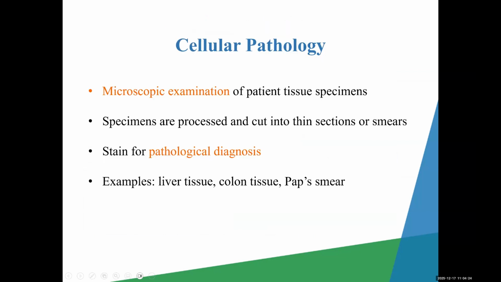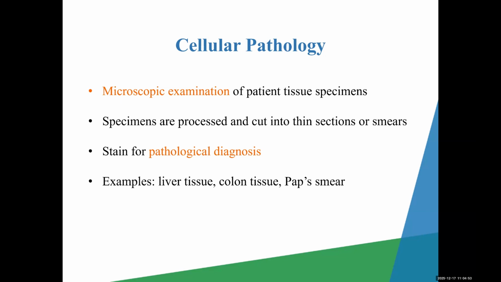First of all, the specialty of cellular pathology, or in the public hospital we call it anatomical pathology. In this laboratory, the MLT is responsible for microscopic examination of patient tissue samples. When a patient is suspected to have cancer, they will go for checking, and sometimes the doctor will take some tissue sample for the laboratory to investigate.